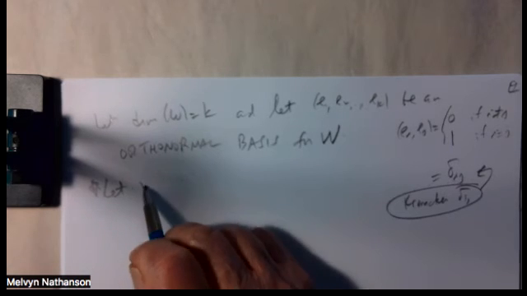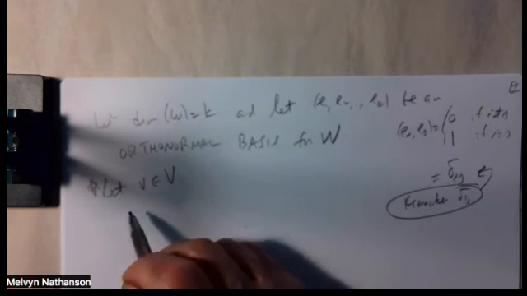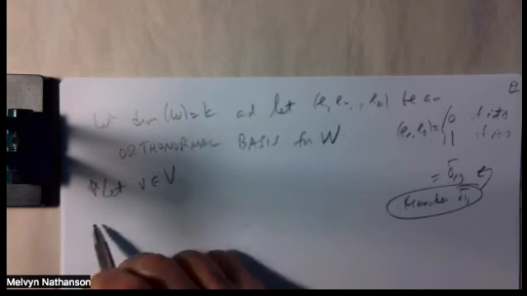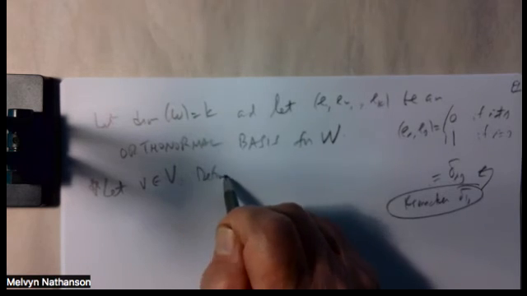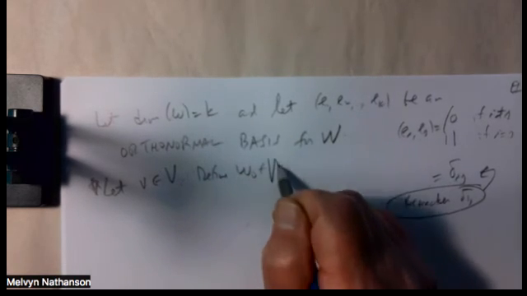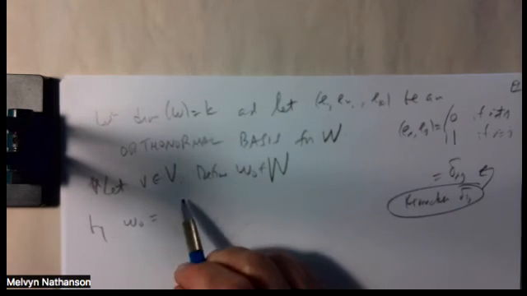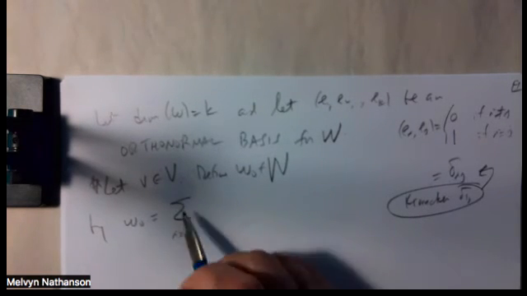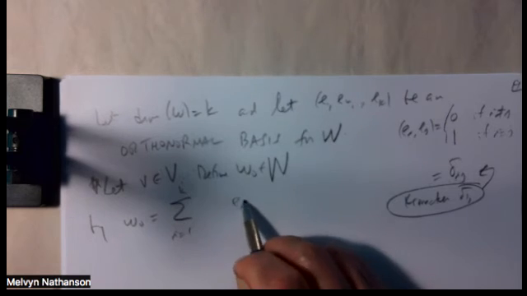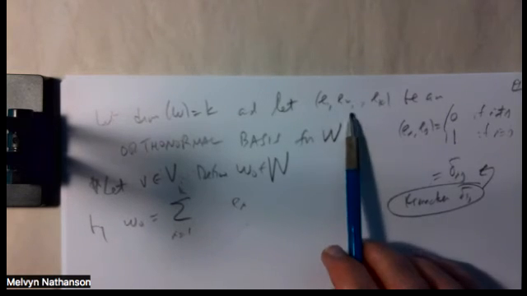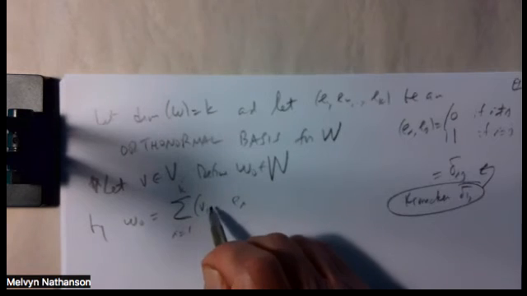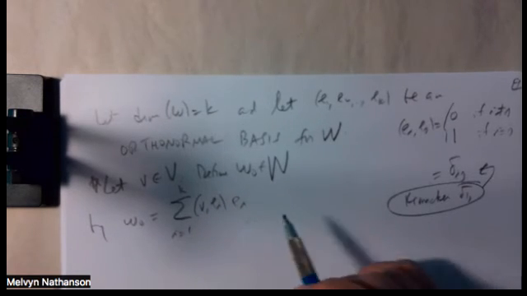So let V be any vector in the vector space, and we define a vector W0 in the subspace W as follows. W0 is going to be a linear combination, summing from 1 to k, of these vectors that are a basis for W. And the coefficients are going to be the inner product of V with EI.